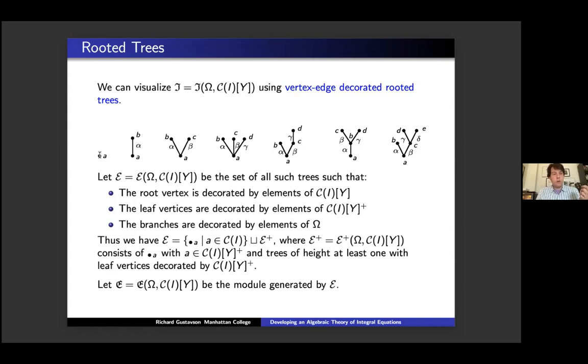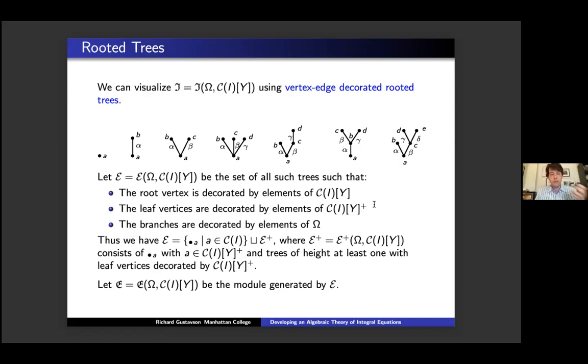And so we're assuming that the root vertex is any element of C of I of Y. So these are basically polynomials in our set Y with coefficients in C of I. And the leaf vertices, so basically the topmost vertex on every branch, is decorated by a non-constant polynomial. That's what the plus means.